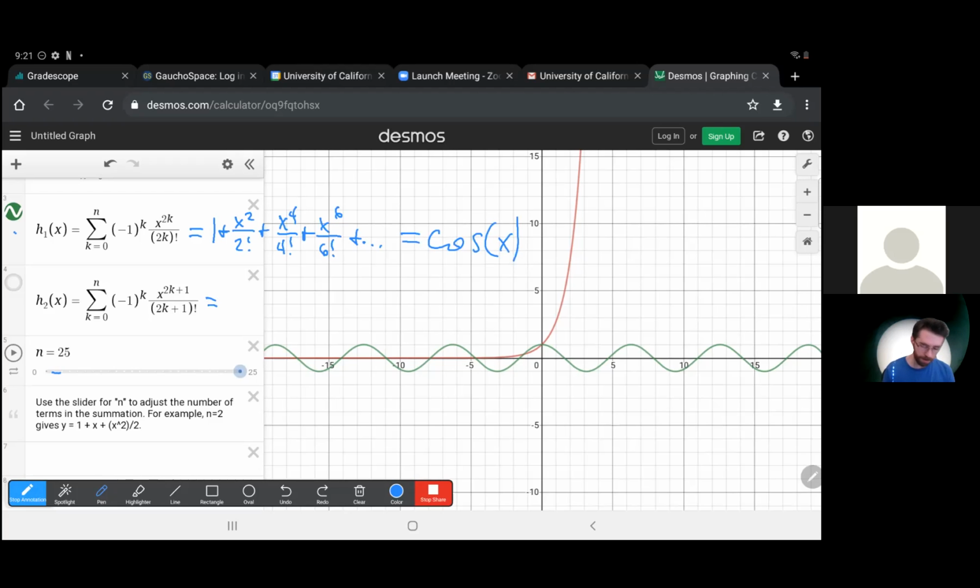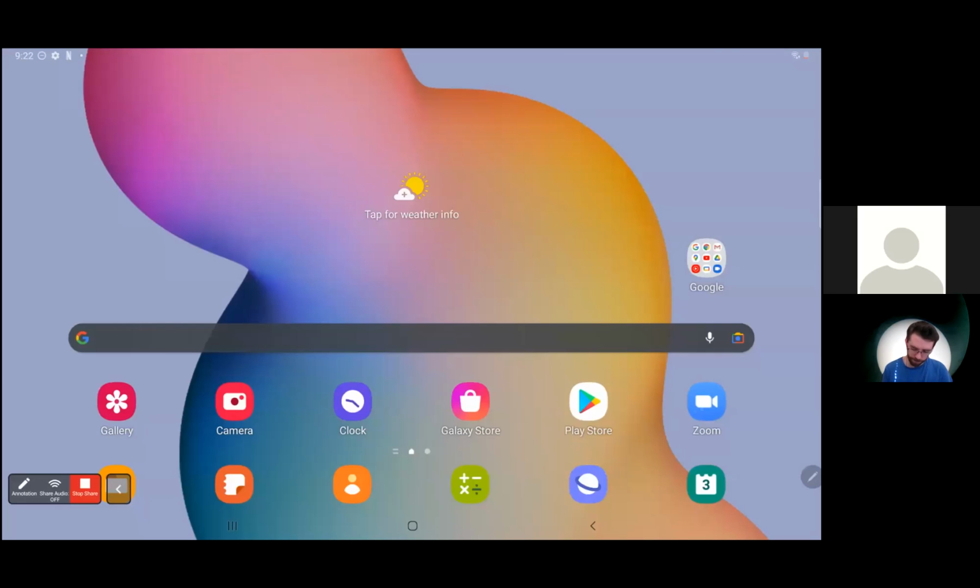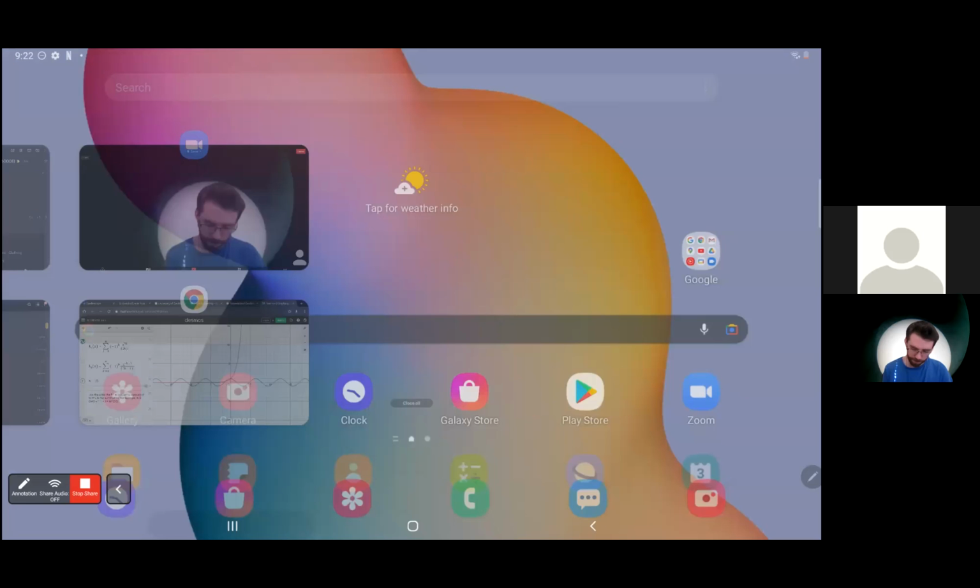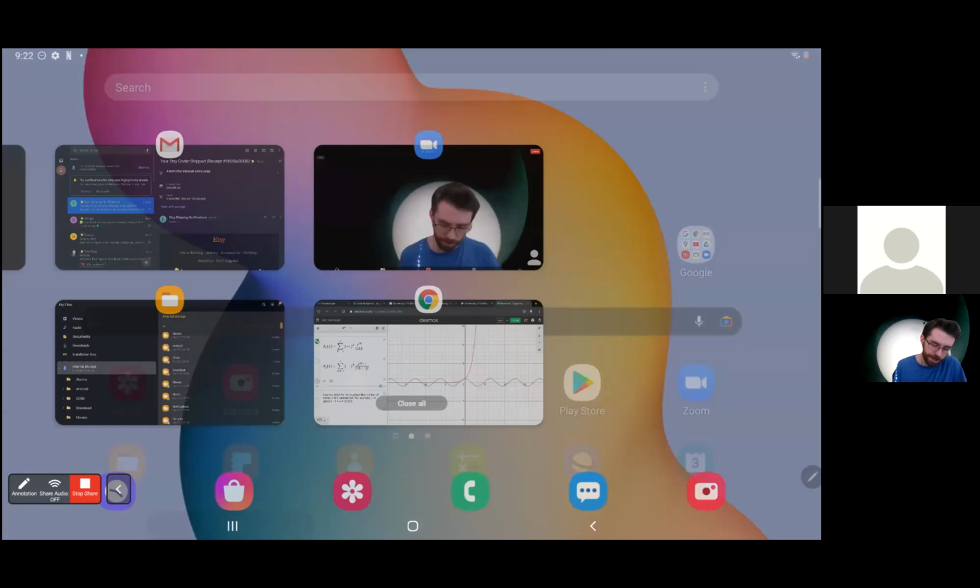Okay, and then maybe we could have a guess for what h2 would look like. If I set k equal to 1, I get negative, let's see, is this going to be right? Before I write it out, let's just see what happens.